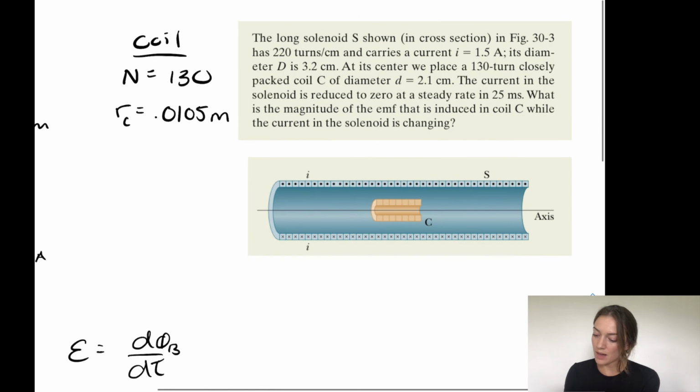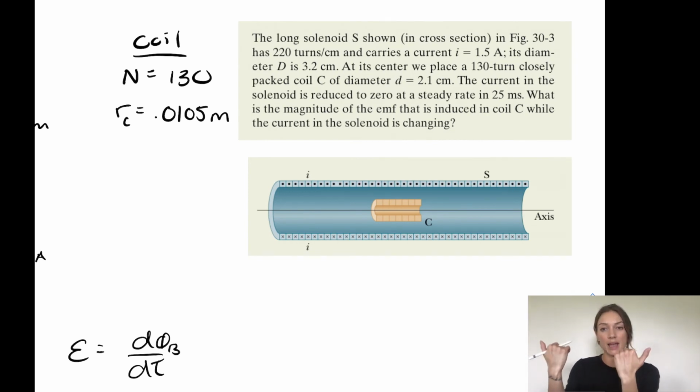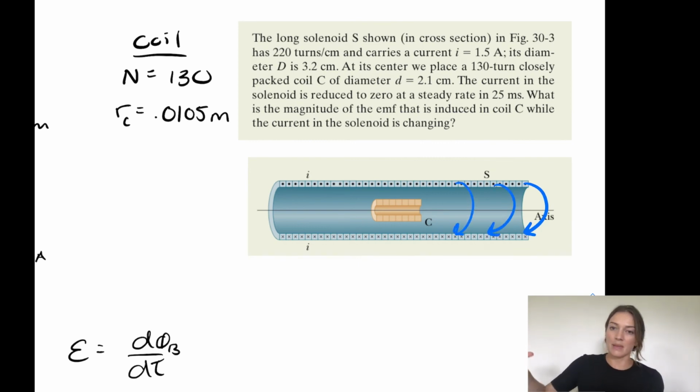Now, if it had asked what direction it is going in, remember when you have little dots like this, that means that the current is coming out of the page. And when you have little crosses, little X's, it means the current is going into the page. So that means the current in the outer solenoid is coming out and going in like this. So that means the magnetic field for this bigger outer solenoid is going in this direction.